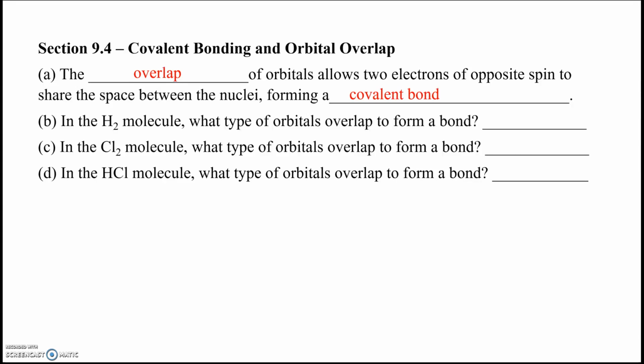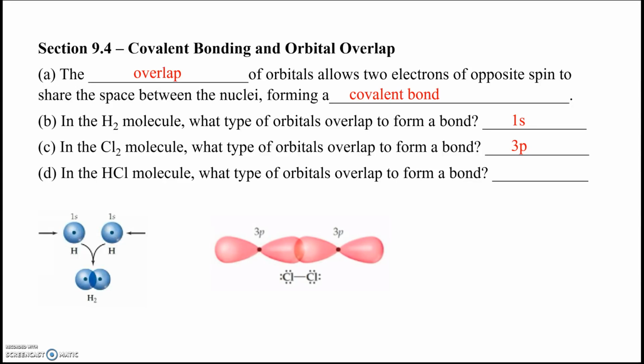So in the hydrogen molecule, the orbitals that overlap to form the bond are the 1s orbitals. We can easily get this by looking at the periodic table. And in the chlorine molecule, the orbitals that overlap to form this bond are going to be 3p. And we can take a look at this and see that the 3p orbitals overlap. It gives us our bond.